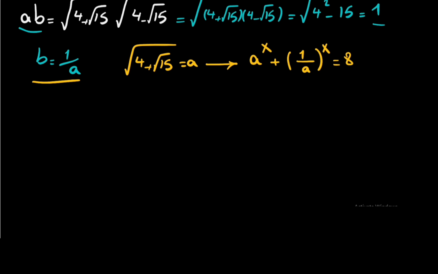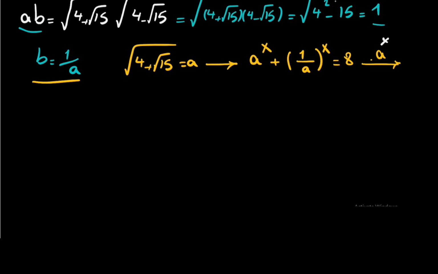And if I multiply this equation by a to the power of x, not 8, I made a mistake here, and let me clean it so it can be clean.